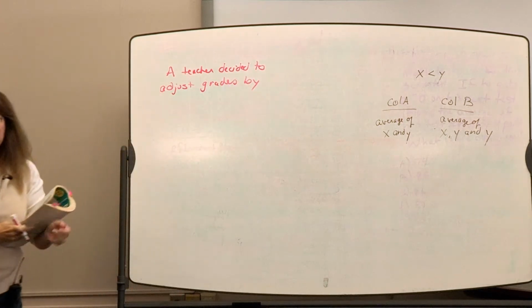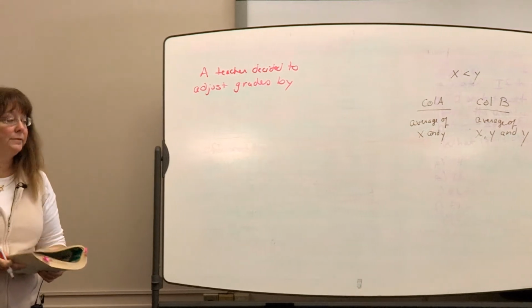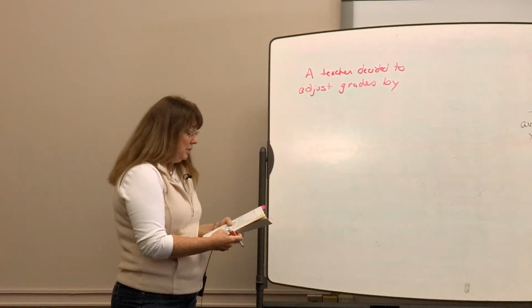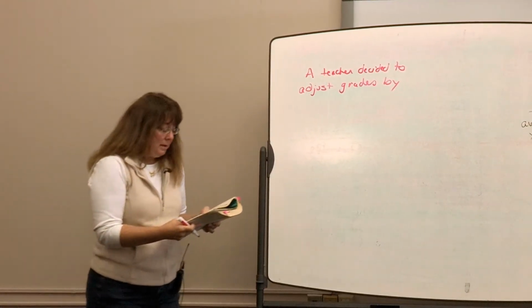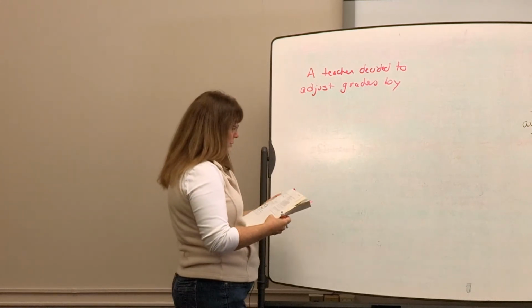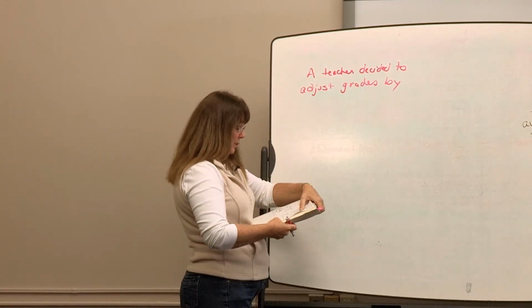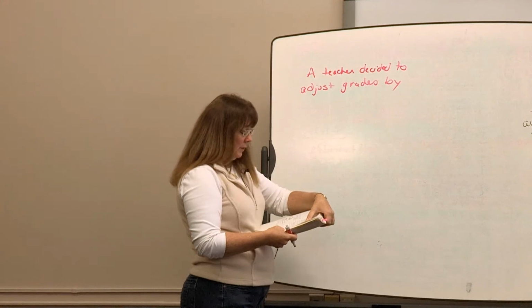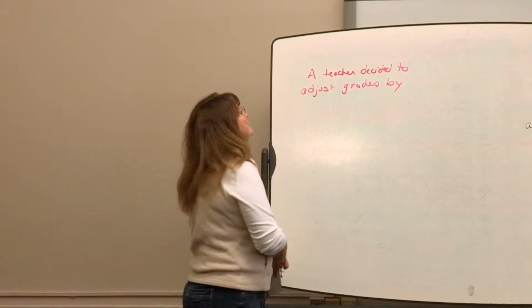So the problem is that a teacher has given some tests. They were more difficult than she intended them to be. So she's going to adjust the grades. And to decide how to adjust the grades, she is going to deduct only half the number of points that a student missed.